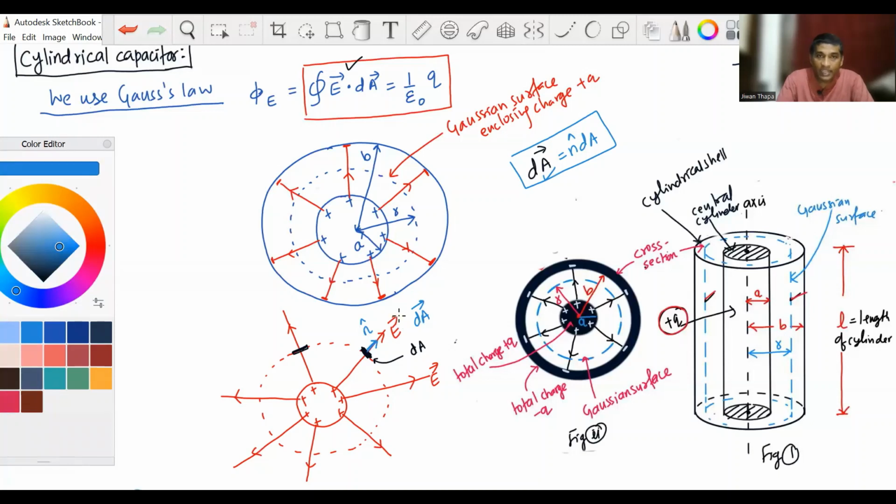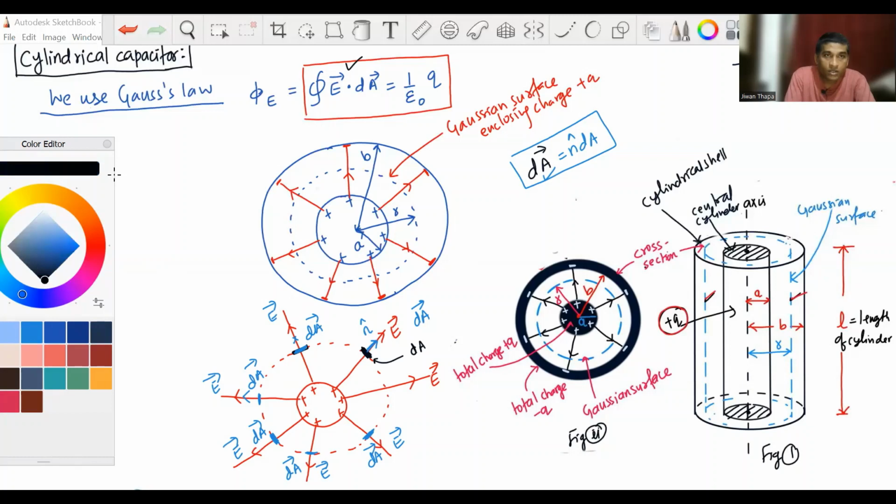Vector dA and electric field are acting along the same direction. So we find this for every point on this Gaussian surface, where electric field and area vector are parallel to each other.